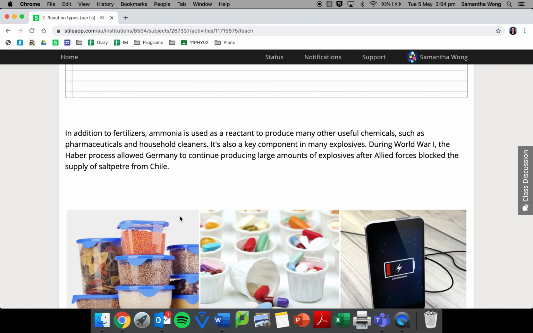Then it goes on to explain, in addition to fertilizers, ammonia is used as a reactant to produce many other useful chemicals, such as pharmaceuticals or household cleaners. It's also a key component in many explosives. During World War I, the Haber process allowed Germany to continue producing large amounts of explosives after Allied forces blocked the supply of saltpeter from Chile.